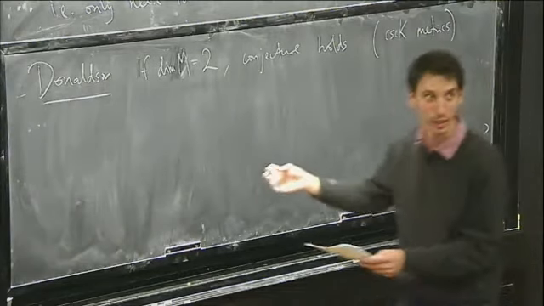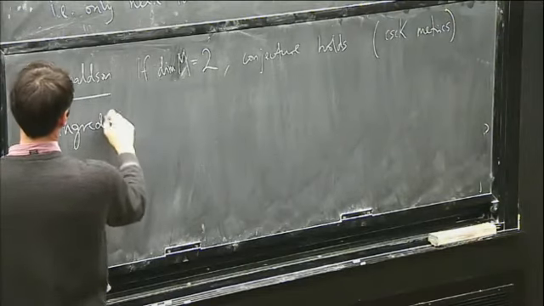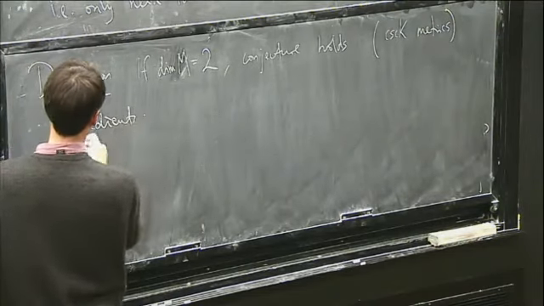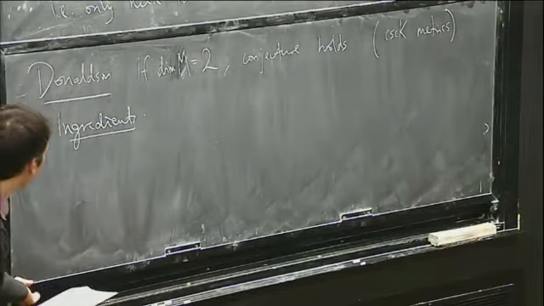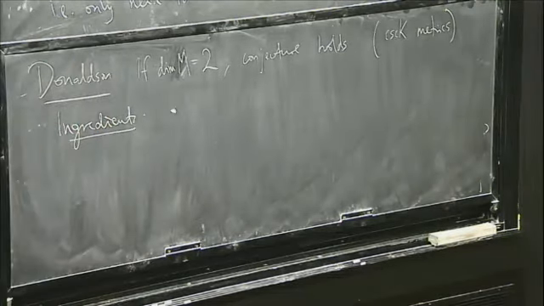And let me just say something about the ingredients. Of course, this will be extremely brief, but one thing that I want to emphasize is that there's a very non-trivial first step to get something slightly better out of the stability condition.